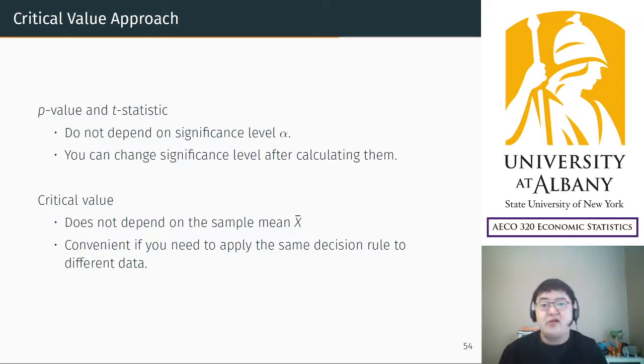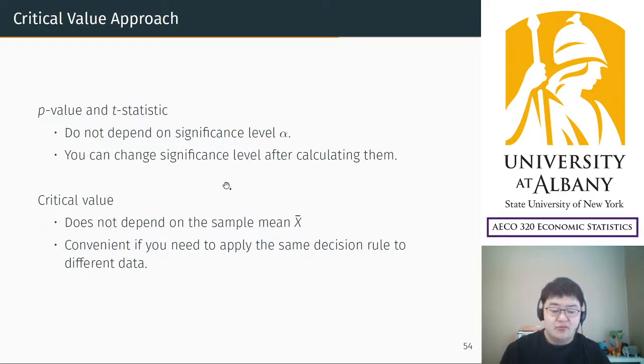If you use the p-value method here, then for each drug you have to recalculate the p-value, so it requires more computation. But when you have a critical value, you simply set a threshold for every sample mean, calculate the sample mean, and make the decision. It could be more convenient and easier. So the usage is quite different, and we are going to see how we use the critical value in the next chapter next week.